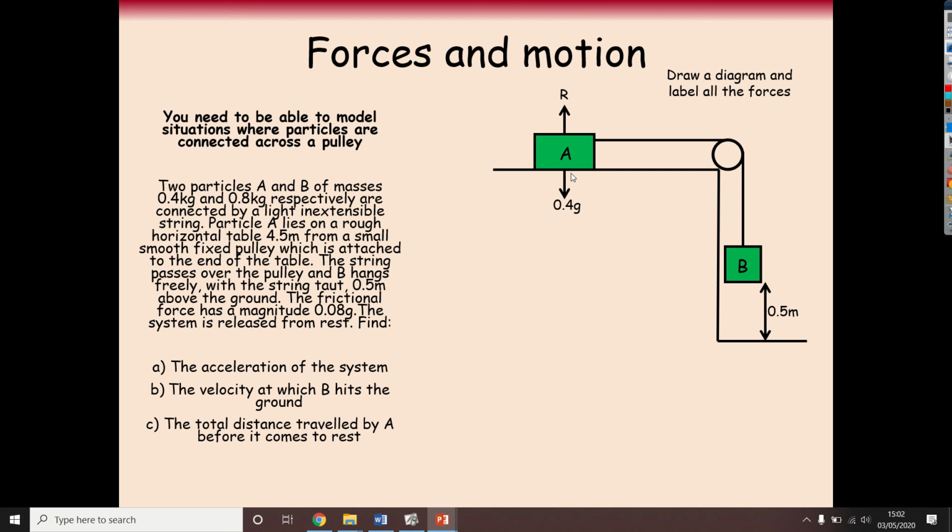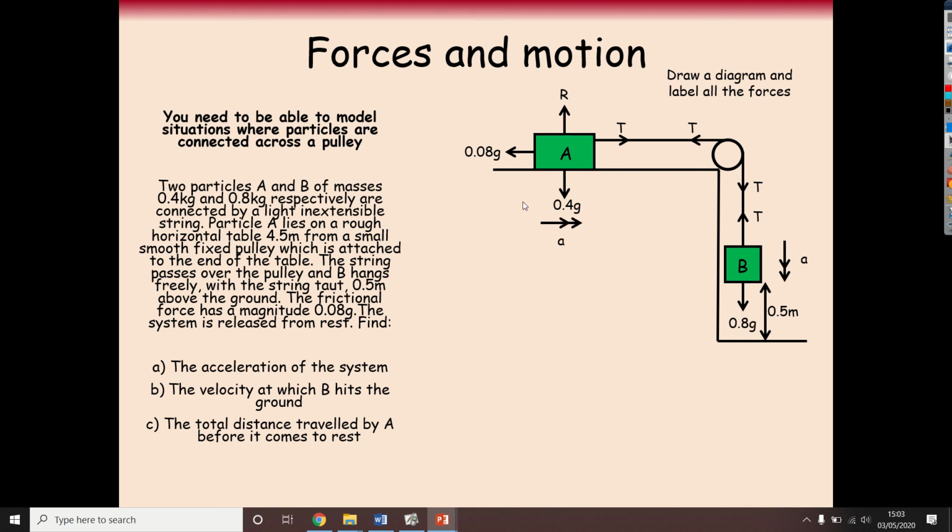You've got the weight of A and a normal reaction force because A is resting on that plane there, so we've got that force there. There isn't one for B because it's not resting on anything yet. There's this frictional force over here that's talked about down here. You've got tension pulling out of A on this string. You can have tension pulling out of B as well, but also on the pulley as well. Outwards.